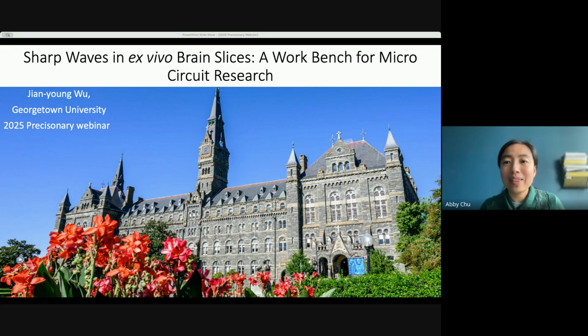His lab's work with ex vivo hippocampal slices has provided powerful insights into the mechanisms of memory, neurodegeneration, and drug discovery. So in today's talk, Dr. Wu will walk us through the generation and significance of hippocampal sharp waves, demonstrate practical methods for preparing high-quality slices using the compressed-tone vibratome, and share examples of pharmacological modulation relevant to neurodegenerative research.